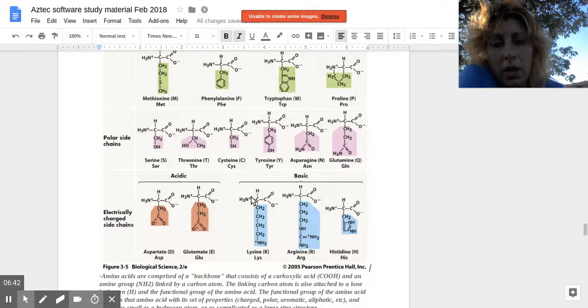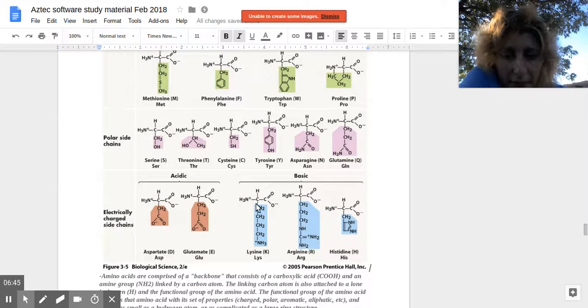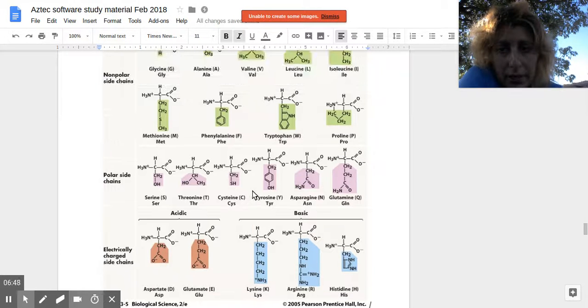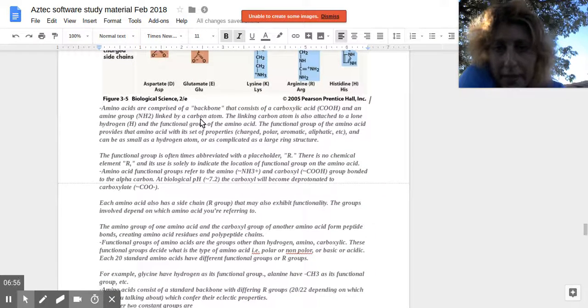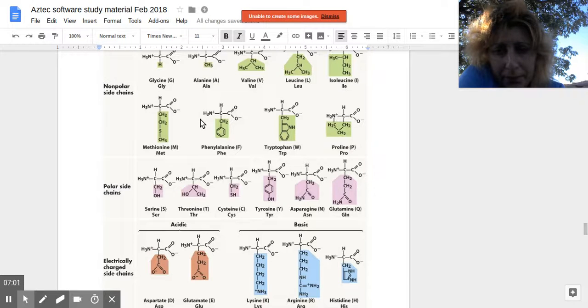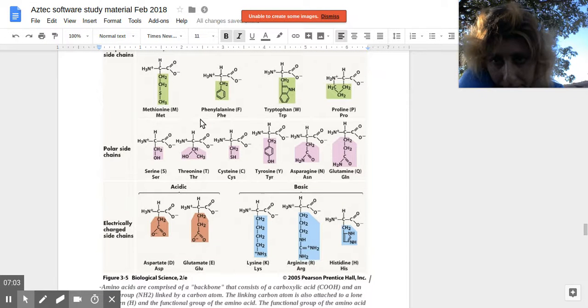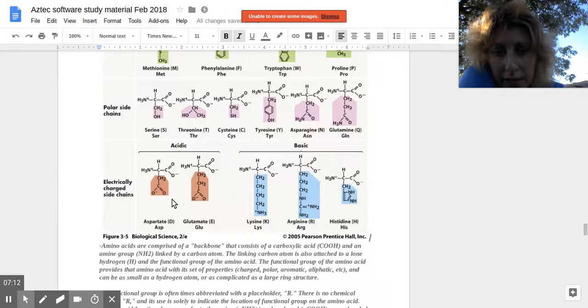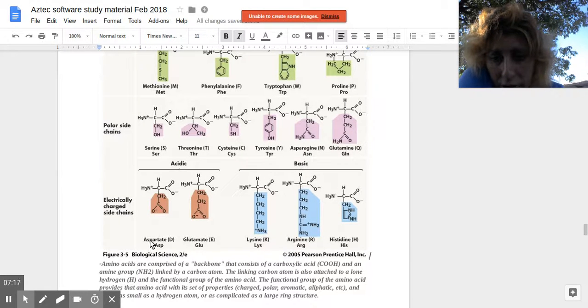Amino acids are comprised of a backbone consisting of a carboxylic acid, COOH, and an amine group, NH2, linked by a carbon atom. So that's the backbone. The linking carbon atom is also attached to a lone hydrogen and the functional group of the amino acid coming off of it.